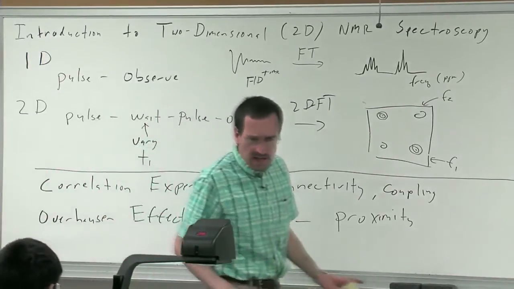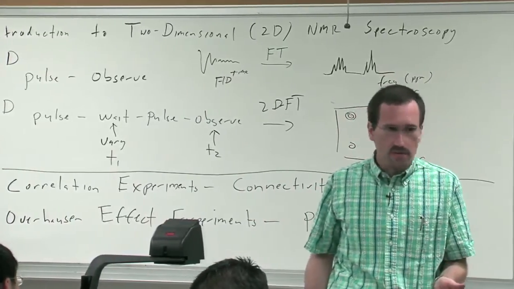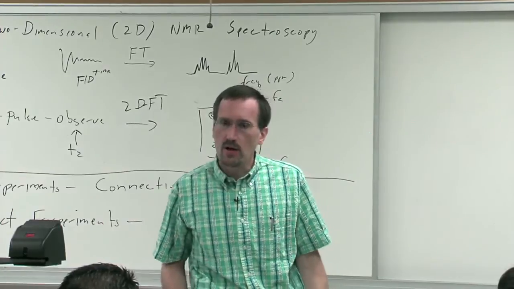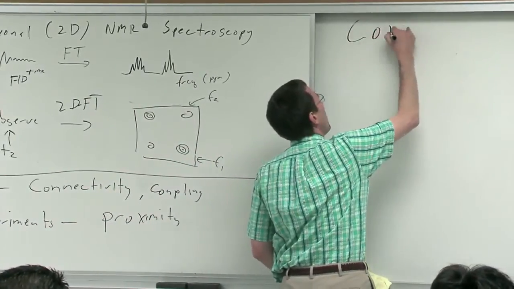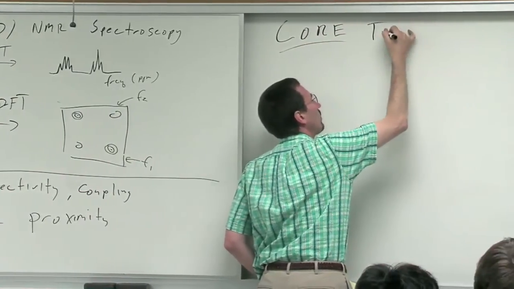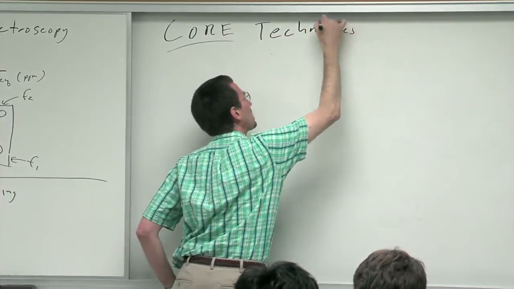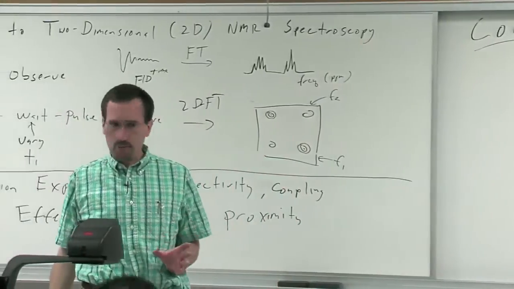All right, my philosophy on teaching 2D NMR spectroscopy, as I said before, is that there's a whole alphabet soup of techniques out there. My philosophy is not to bombard us, but to give us a small toolbox of what I'll call core techniques. In other words, techniques that if we are good at them, we can use to solve a variety of problems.